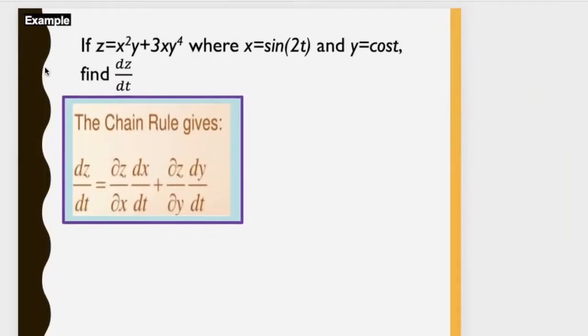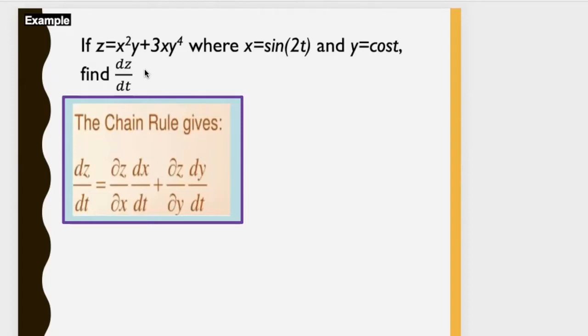In this example, we have z equals x squared y plus 3xy to the fourth, where x is equal to sine 2t and y is equal to cos t. So you can see that z is a function of x and y, and x is a function of t and y is a function of t.